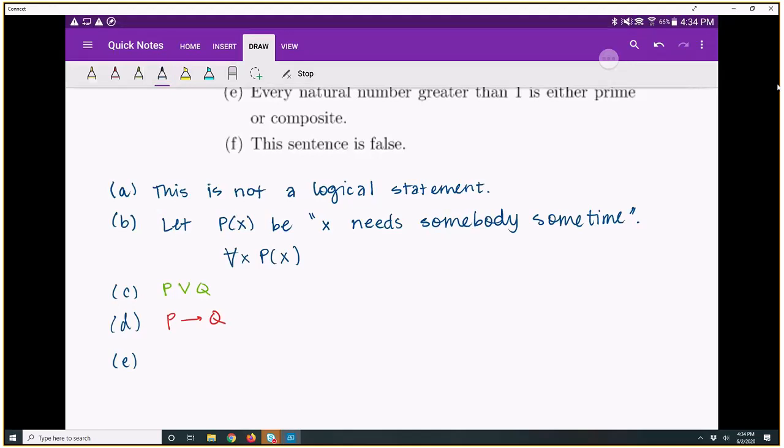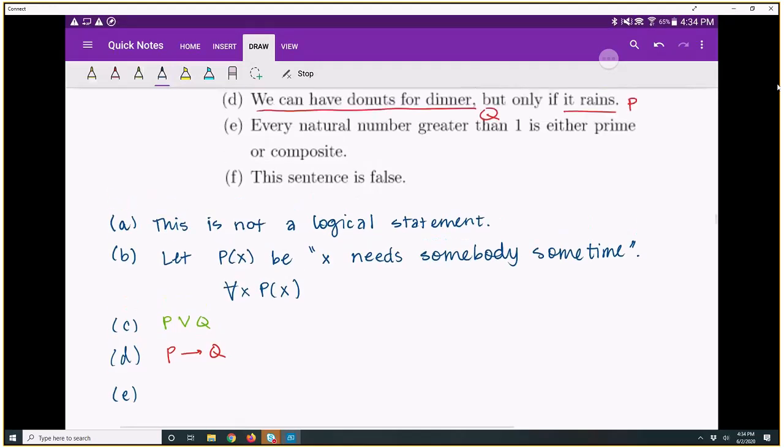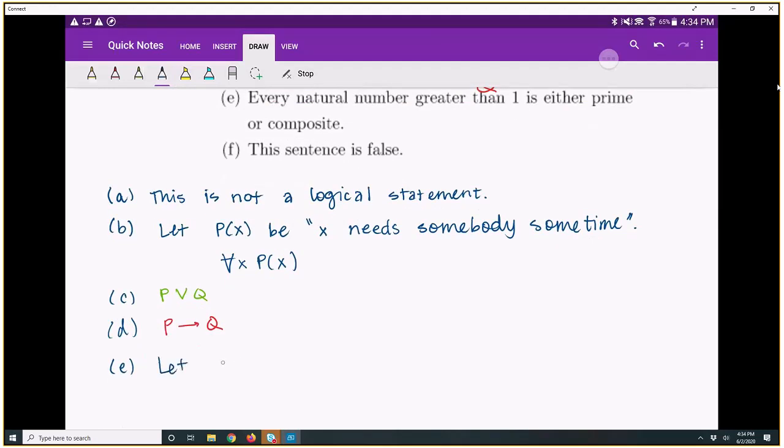So we could say a natural number is greater than 1 is, say, P. And let's let Q be N is prime.